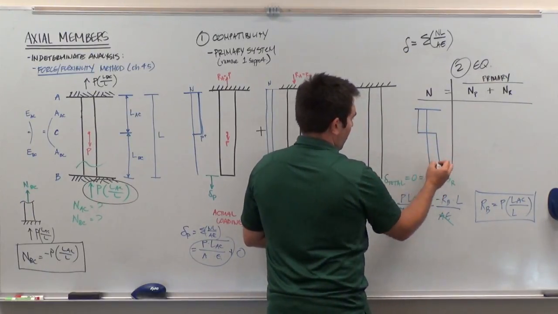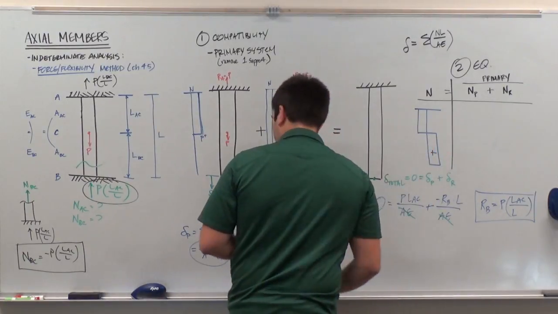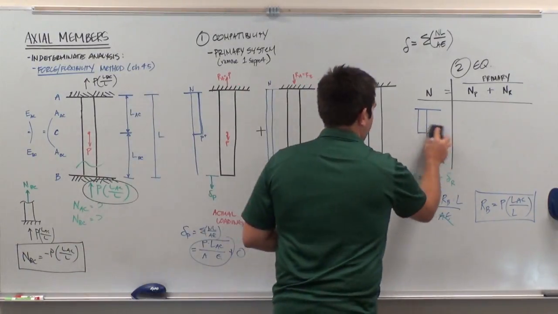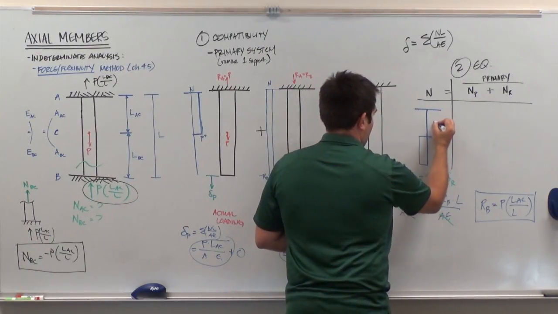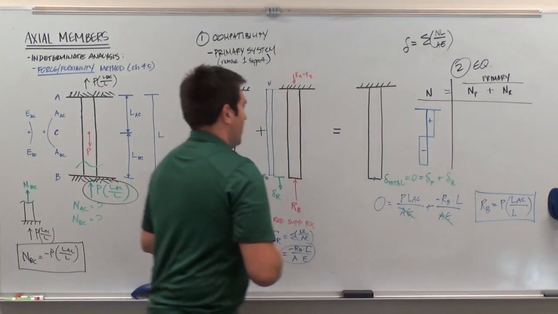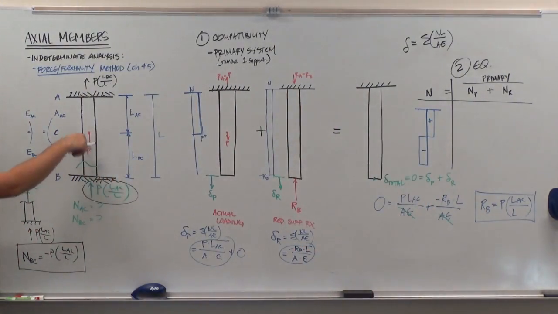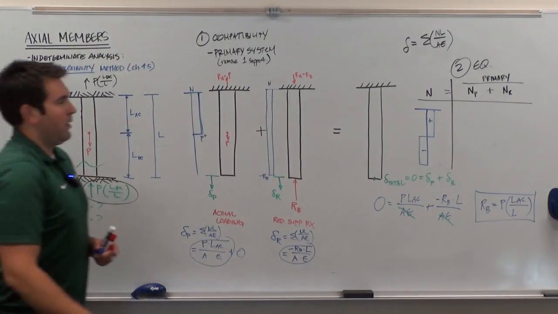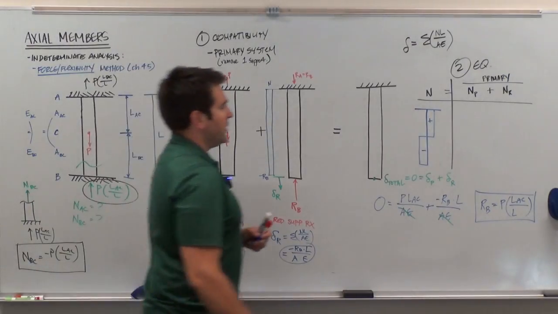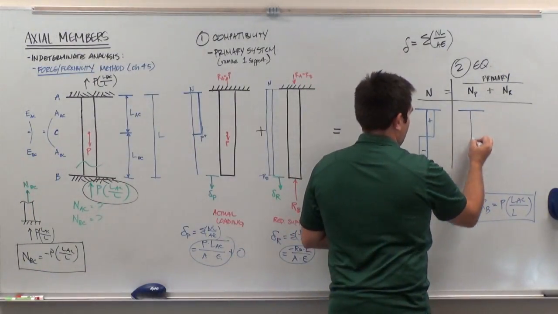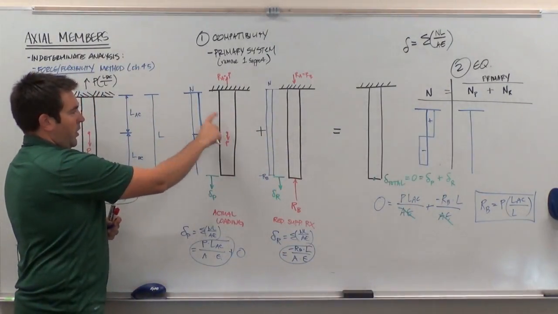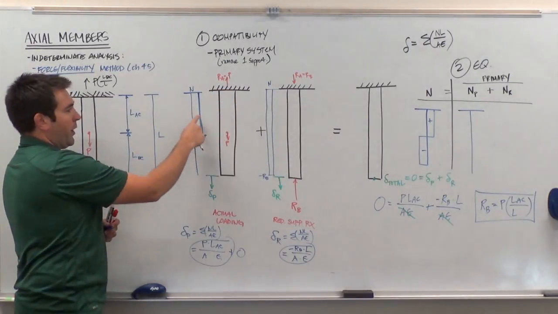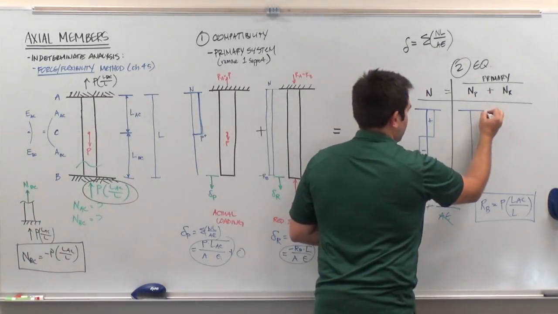The actual normal force diagram over the entire length looks like this, where we actually get compression in the bottom of the member and we get tension on the top. So down here in this bottom section, where P is pushing down, we get compression in the bottom, and as a result, we get tension in the top. For the primary system with only the point load on it, I just get pure tension in this member, but it's greater tension than what we see right here.